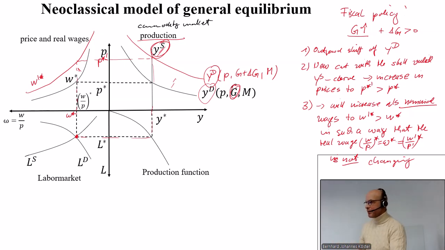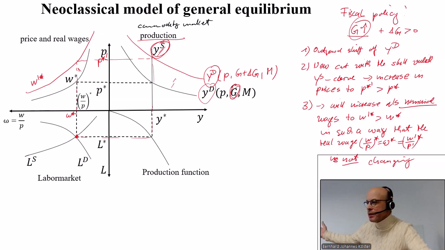So the effect of this increase of government expenditure would be that nothing happens to the real variables, but we obtain only a one-to-one adjustment of all prices in our economy.